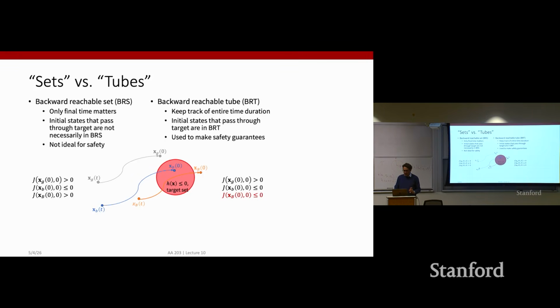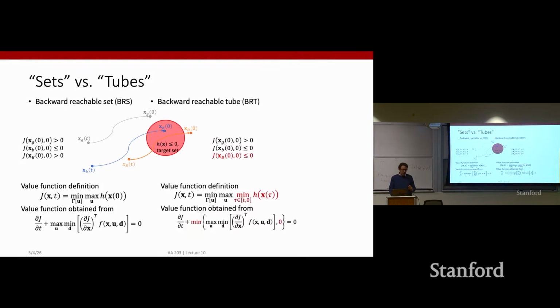The answer is yes, we can. I will just give you the intuition here, because this gets a bit more convoluted. But essentially, the intuition is as follows. So before, in the setting of reachable set, you cared only about the final endpoint. Now you care about making sure that your entire trajectory stays out of the avoidance set.